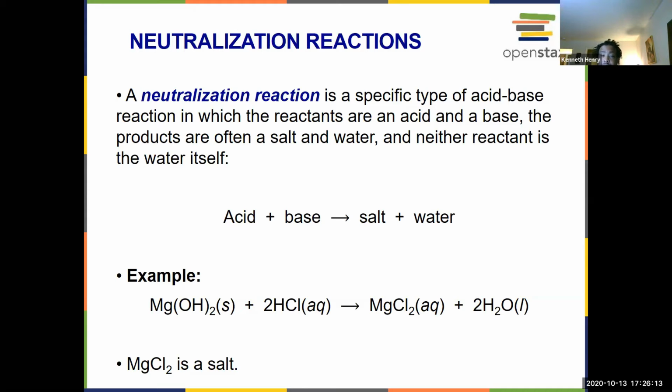If you know you have two ionic compounds, one is probably going to form a precipitate, and one is going to be soluble, or in an aqueous solution. But you've got to recognize it as an ionic compound. So what are some of the characteristics of an ionic compound?